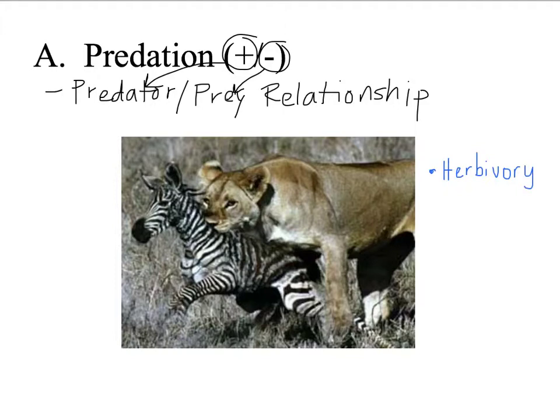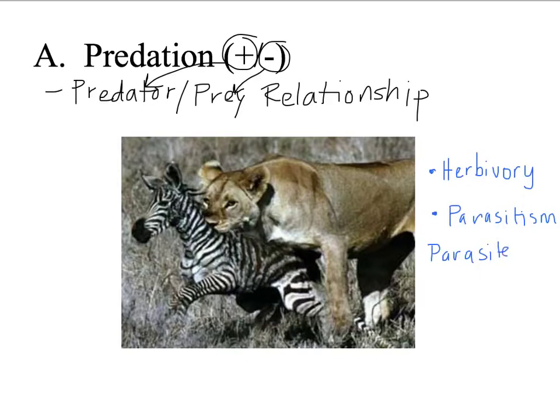Another example that many people don't think about as herbivory is as predation is parasitism. I've got to make sure I spell this right. Parasitism. Okay, you guys have heard of a parasite and a host relationship.